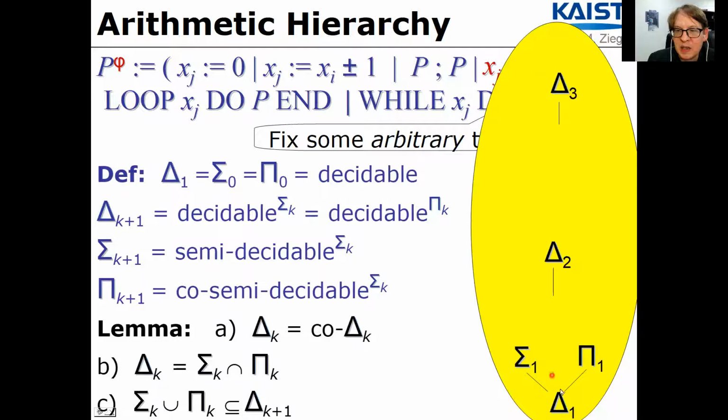So we have delta 1, decidable, right? And we have sigma 1, which we call semi-decidable, which is like the halting problem: semi-decidable but not decidable. And we have pi 1, which is the complement of semi-decidable. So, for example, the complement of the halting problem is here, but not here, not to mention here.